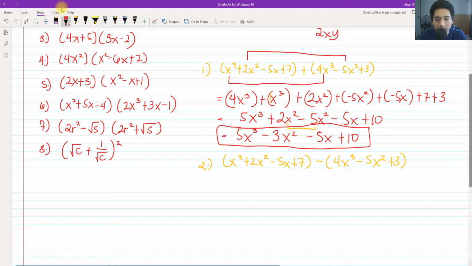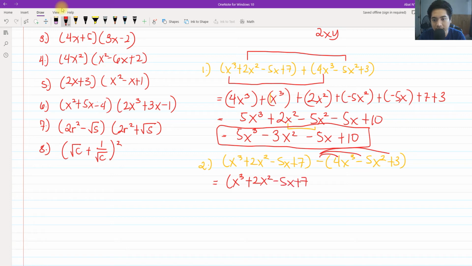The number one thing before you do anything in subtraction of polynomials is to distribute the negative sign to each of the terms. So if you distribute, now this becomes plus. So this would be negative 4x cubed plus 5x squared minus 3. That's how you are going to actually perform it.